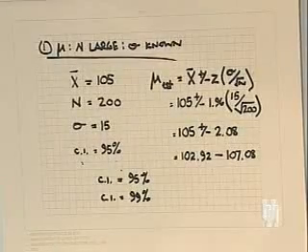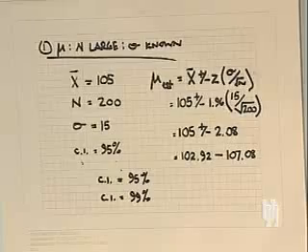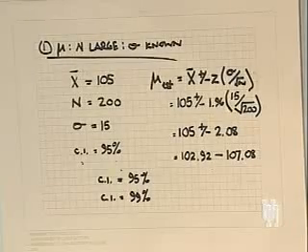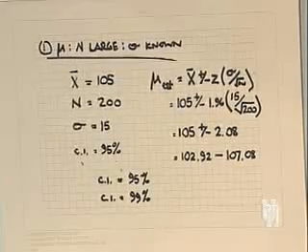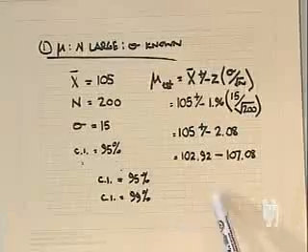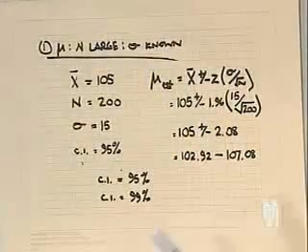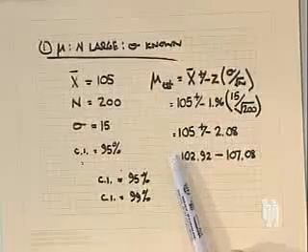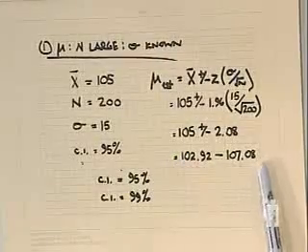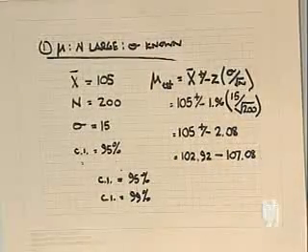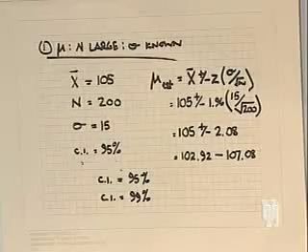In either case, you would agree, there is some likelihood that the estimate is incorrect. There is some likelihood that the average IQ of this community as a whole is either below 102.92 or above 107.08. Would you agree?